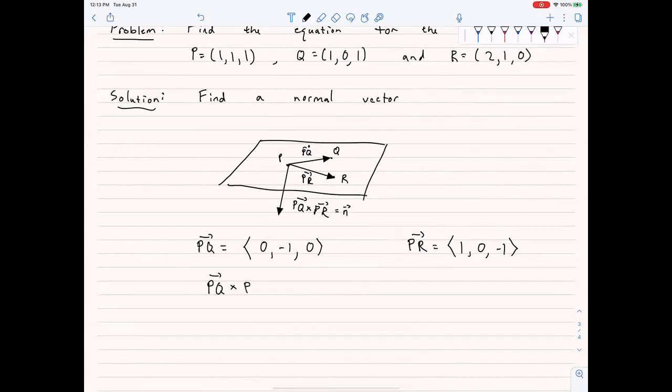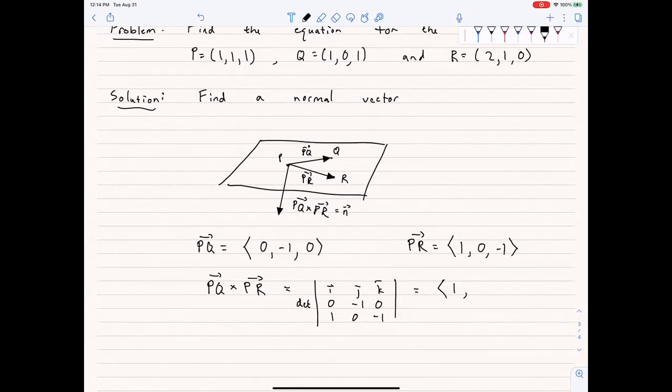So now let's calculate PQ cross PR. Again, this is going to be a determinant of the following matrix: I, J, K in the first row, PQ in the middle row, and PR in the third row. And then I just compute. I get a 1 here for my x variable.